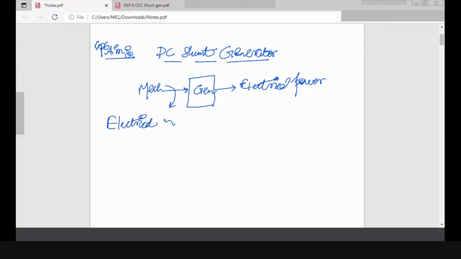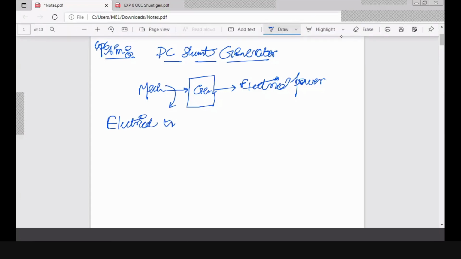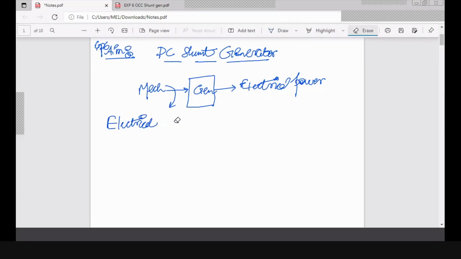What is the advantage of having an electrical machine? The advantage is that the same electrical machine can be used as a generator as well as a motor. This machine is an electrical machine, EM. In this particular case, it is working as a generator.